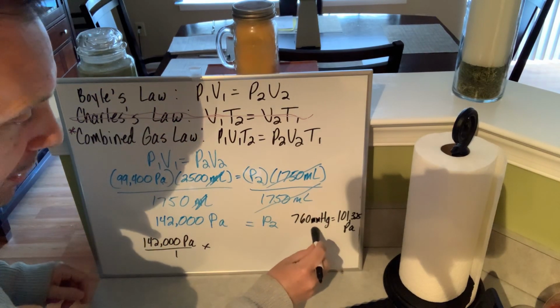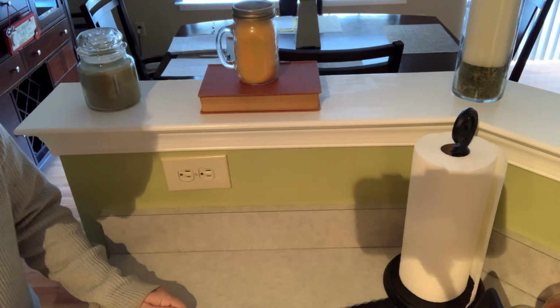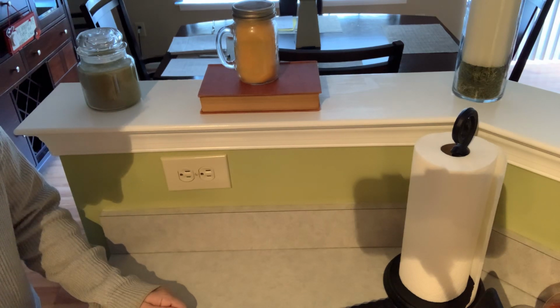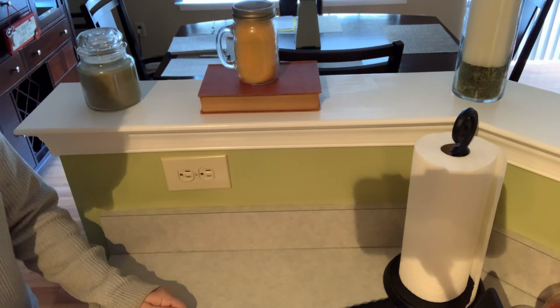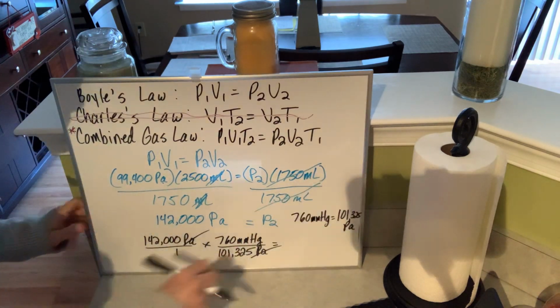I'm looking for millimeters of mercury, so I'm going to put that on top, and I'm going to divide it by the thing that I have, which is pascals. And there is 101,325 pascals in 760 millimeters of mercury.